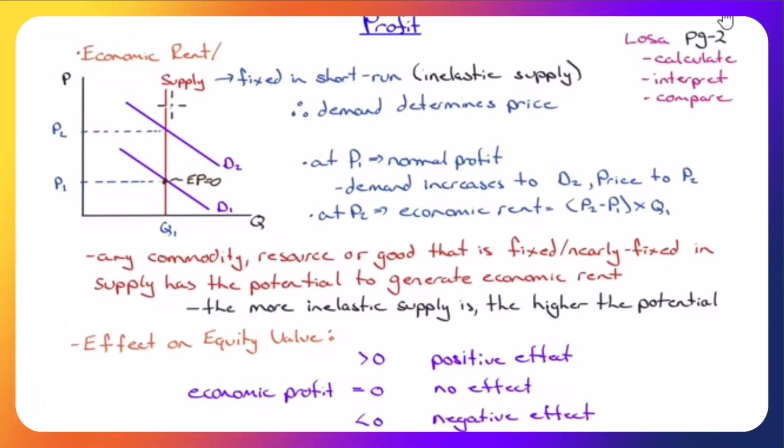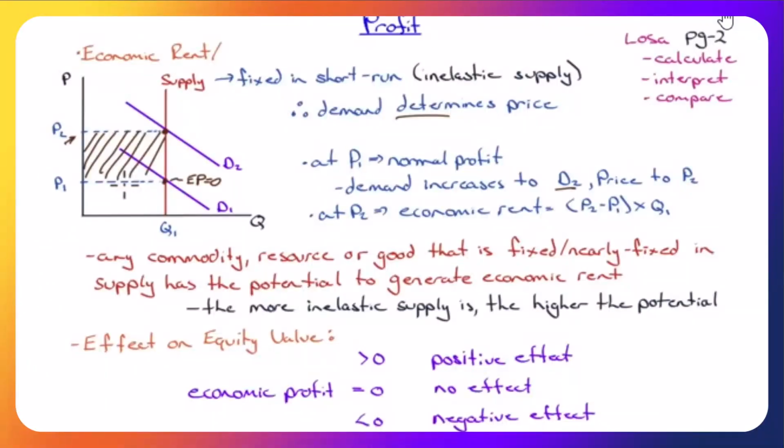Well, if we have a vertical supply curve, and supply is fixed in the short run, then demand completely determines the price. So let's say demand increases to D2, and here we are up here. The price increases to P2, and there we are there. At P2, we have economic rent equal to all of this, which is just the length times width, P2 minus P1 times Q. Well, this is not the firm's doing.